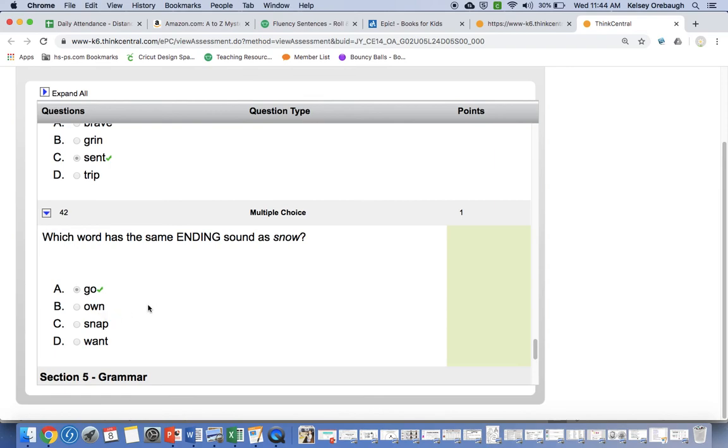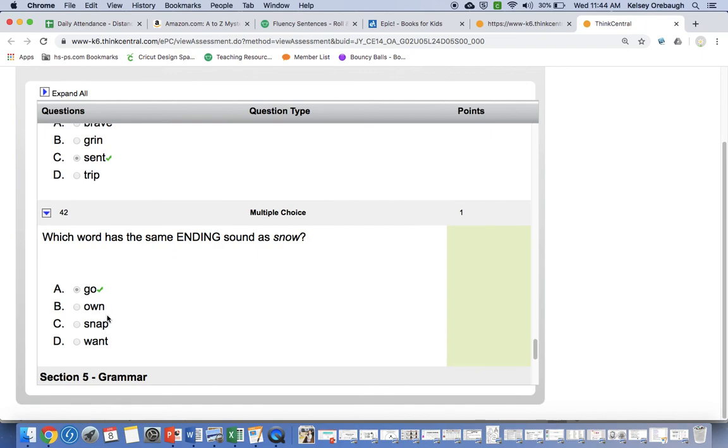Own. Okay, here's a tricky thing. Own and snow both have the O-W letter combination that makes the O sound, but own does not end in O. It begins with O. So although they have the same O-W in them, we're looking for the same ending sound.